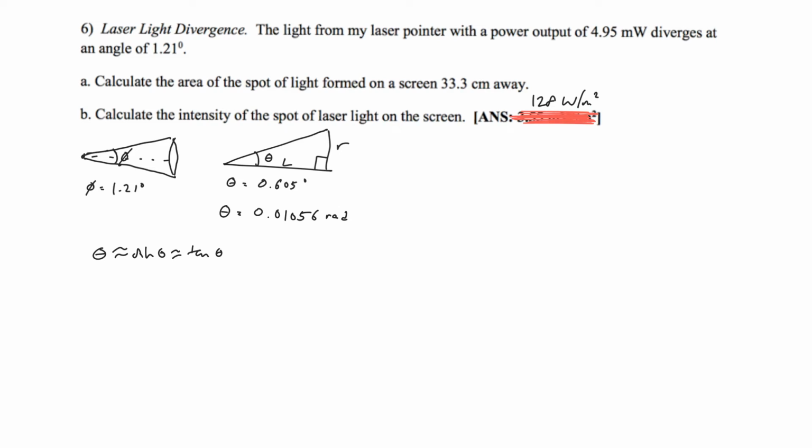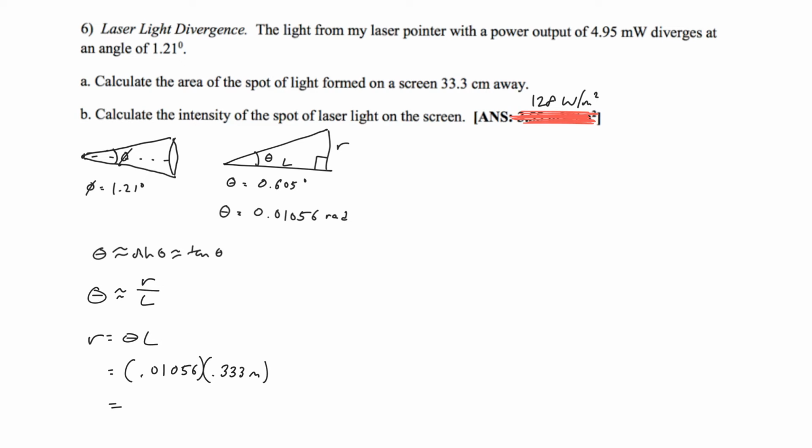So if we want to calculate, in this instance, the radius of the spot on the screen, we can do that if we say that theta is approximately equal to tan theta, which is r over L. So r would be equal to theta times L, .01056 radians times 33.3 centimeters, or 0.333 meters.